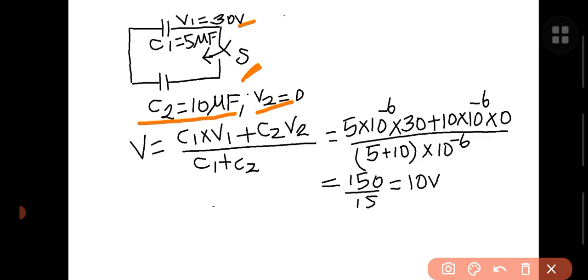So the formula for the common voltage is (C1 V1 plus C2 V2) divided by (C1 plus C2).